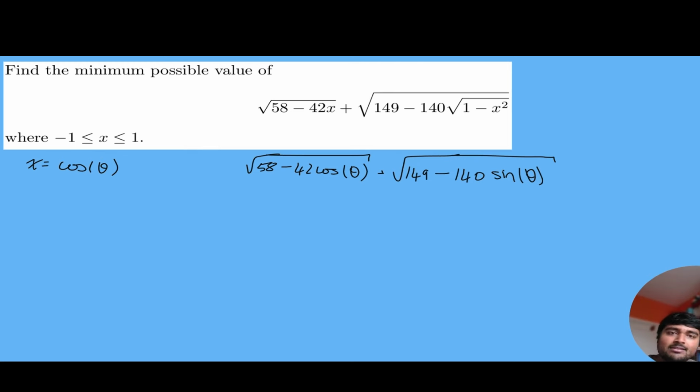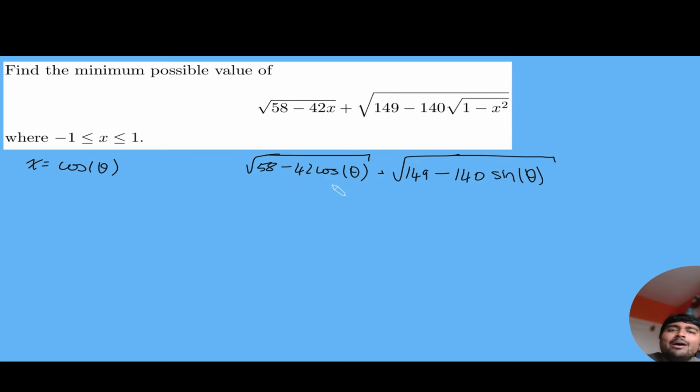The reason is you can swap x with minus x, and if x is negative, that makes this thing bigger. So the value of x which minimizes this will be positive, and therefore x is cos theta, and the square root of 1 minus cos squared theta is sine of theta, because theta is positive.